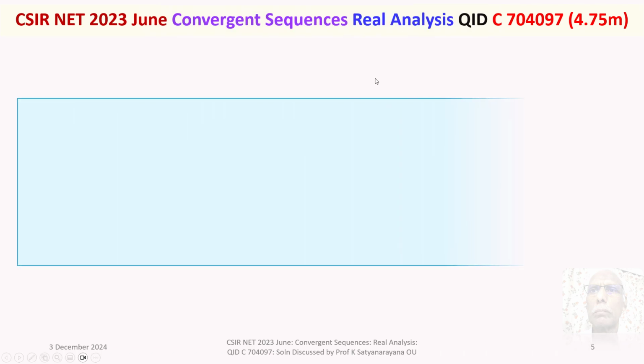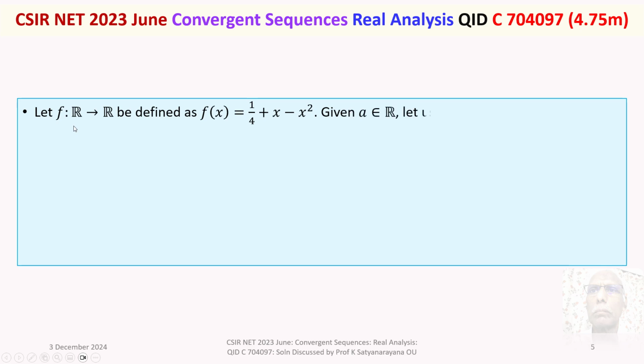The given question is: let f be a function from the set of real numbers to itself defined as f of x is equal to 1/4 plus x minus x square.